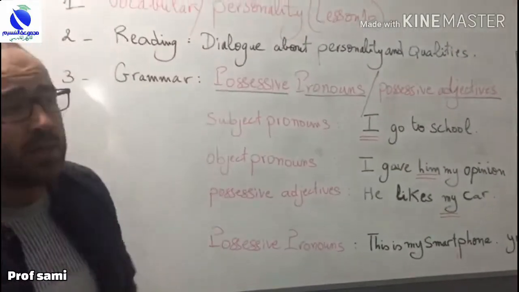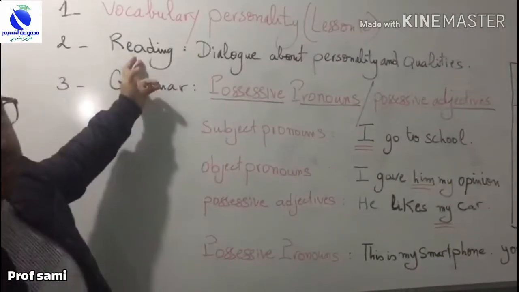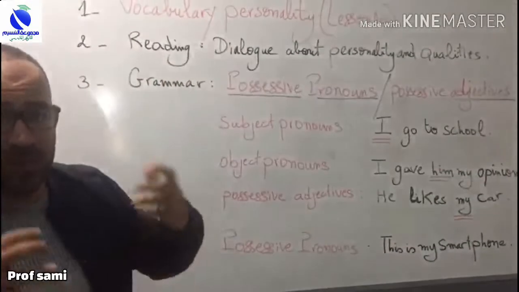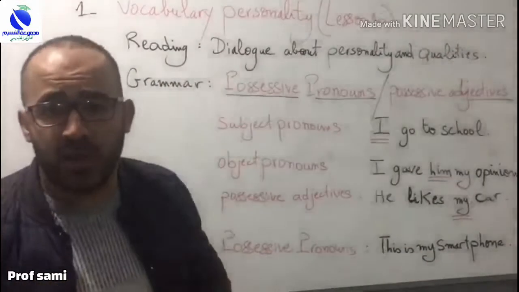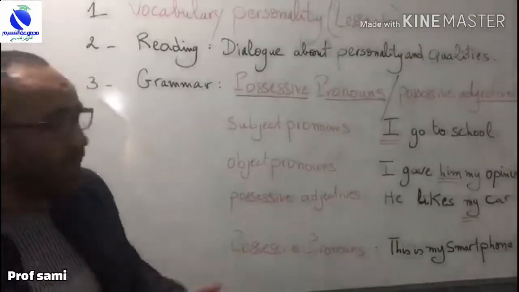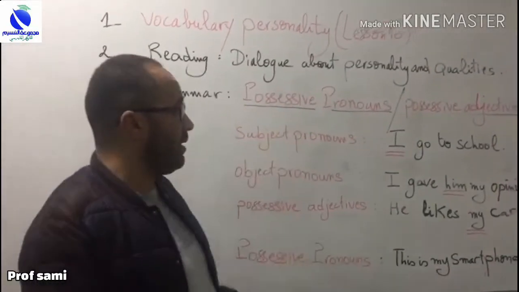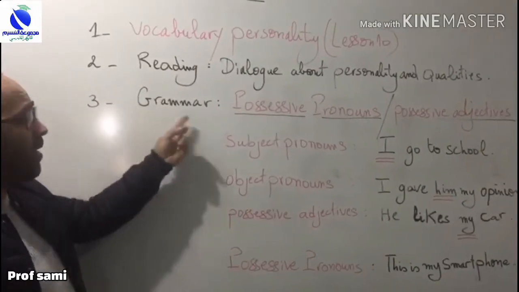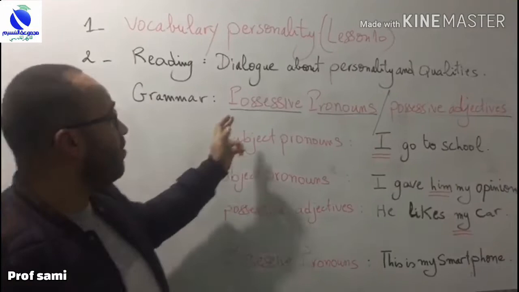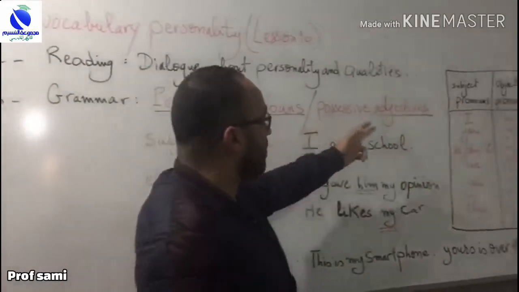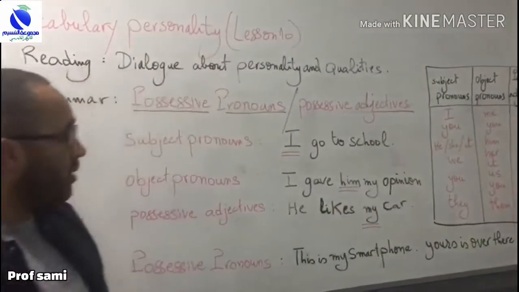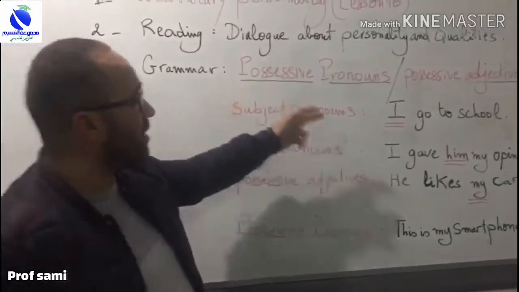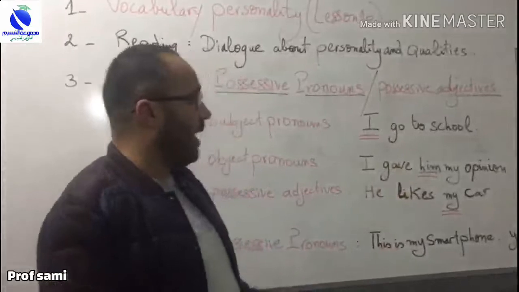Due to this reading part, you're going to confirm your understanding and comprehension, and improve your vocabulary about personalities and qualities. And in the grammar part, we have possessive pronouns and possessive adjectives.